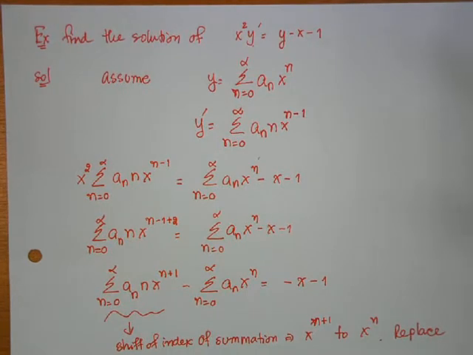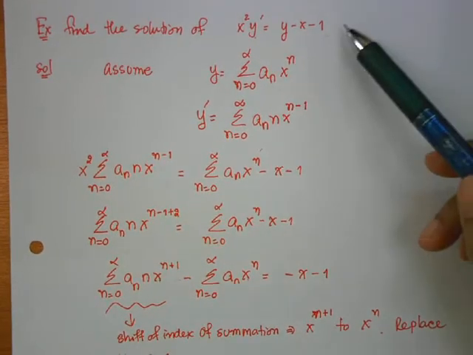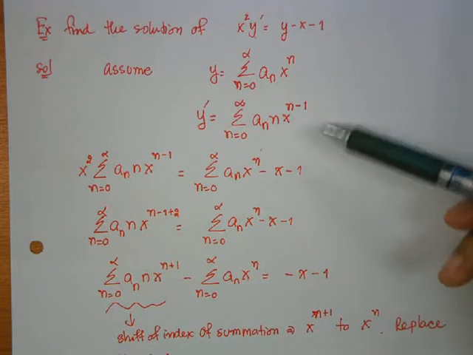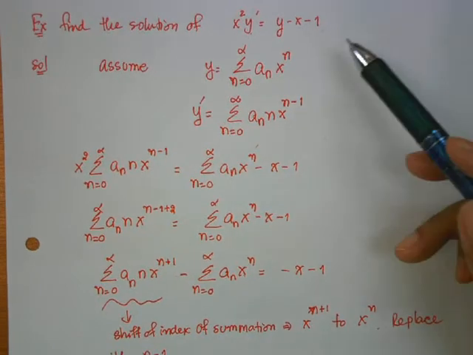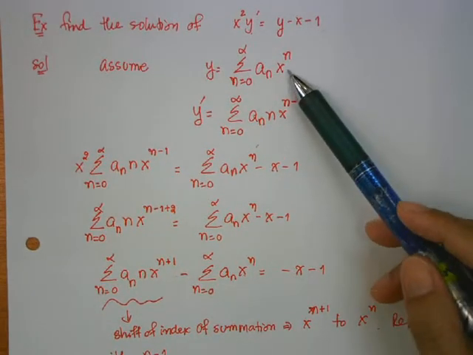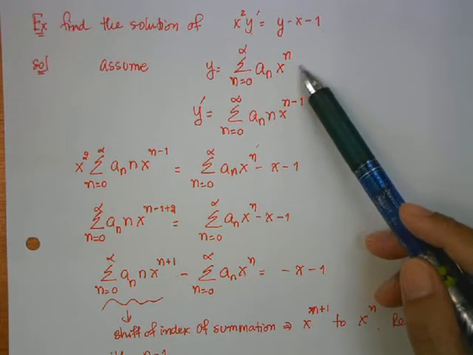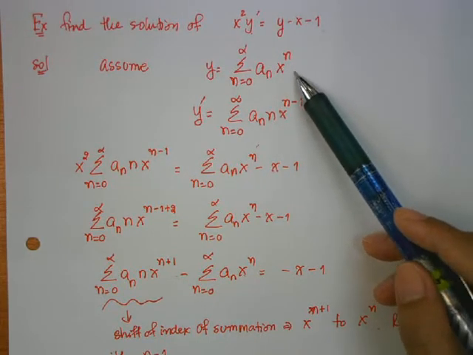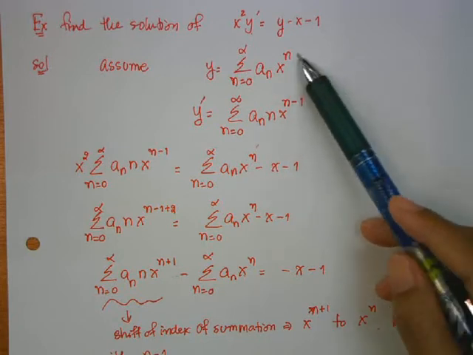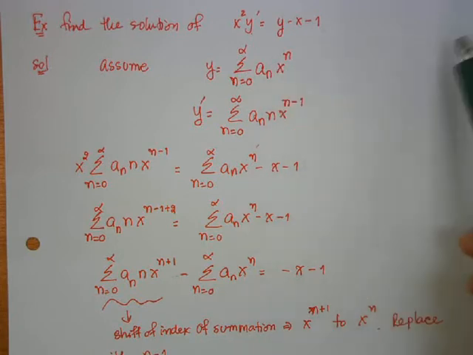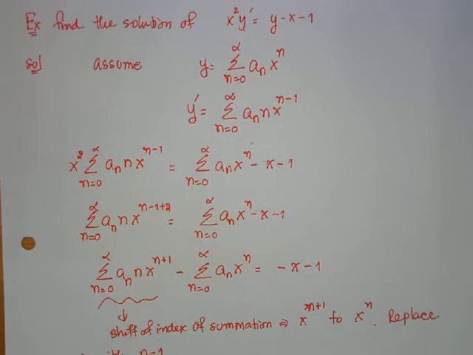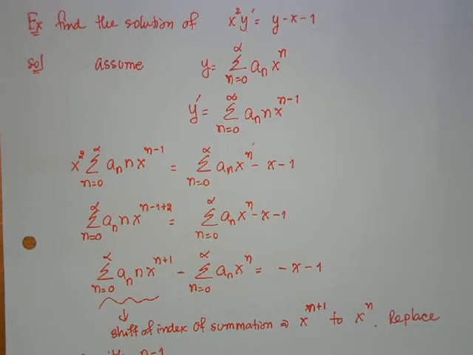If we want to use the power series to find the solution of this differential equation, what we have to do is assume y is equal to the summation of a_n x to the power n. Actually, it should be x minus x0 to the power n, but here we assume x0 is equal to 0, so this is the solution around the point x equals 0.